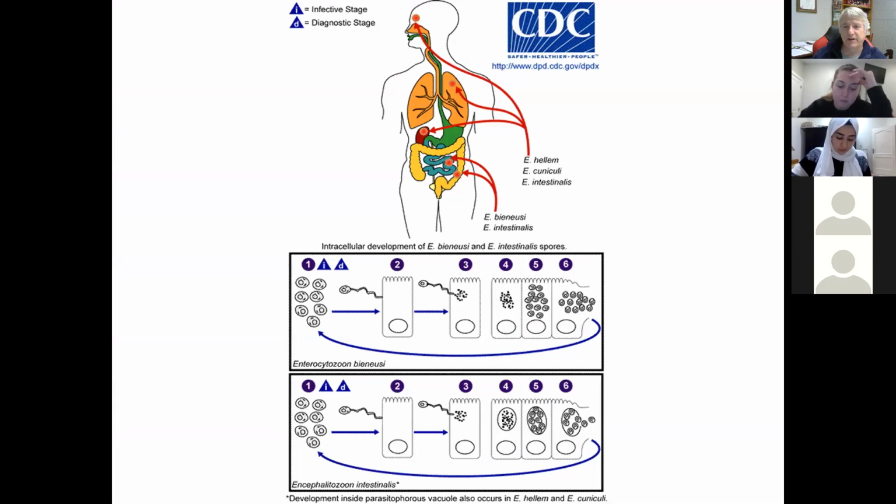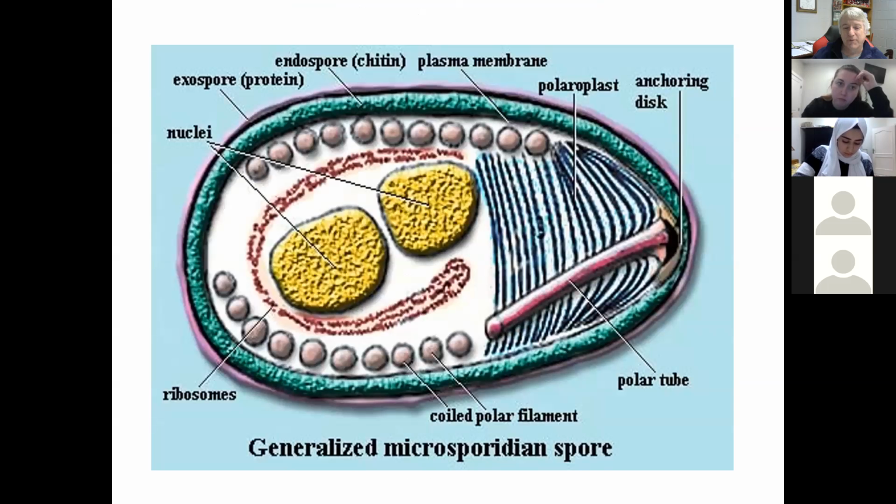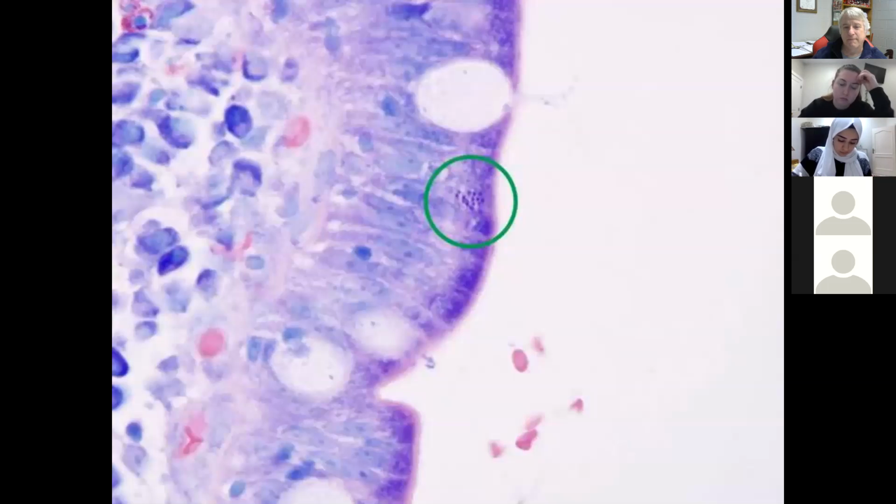Here's our CDC parasitic life cycle. Look to it. Spore here. Invasion there.